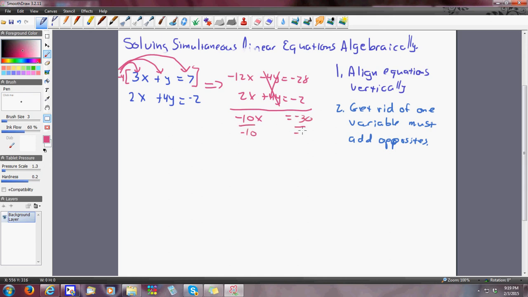Divide by negative 10. I get x equals 3. So I solve for my variable, and then I plug in to find the other variable.